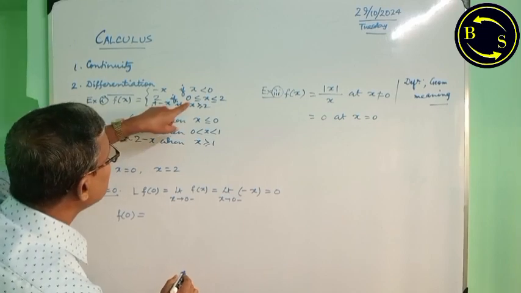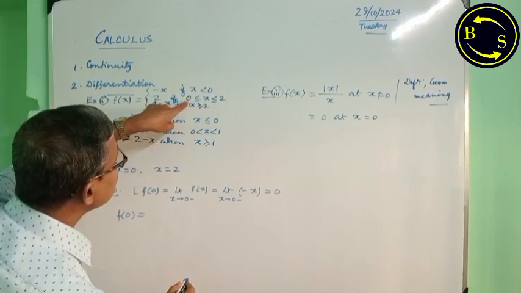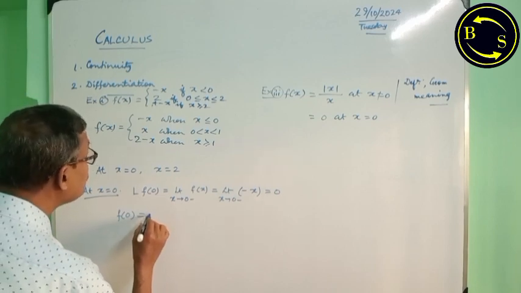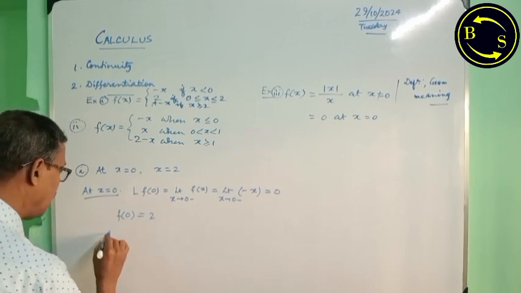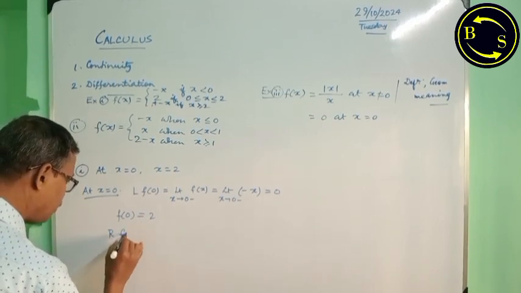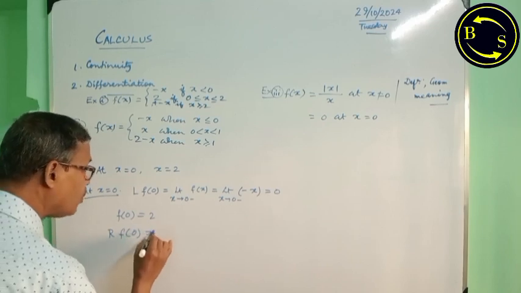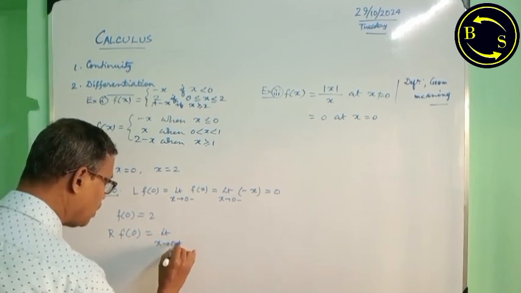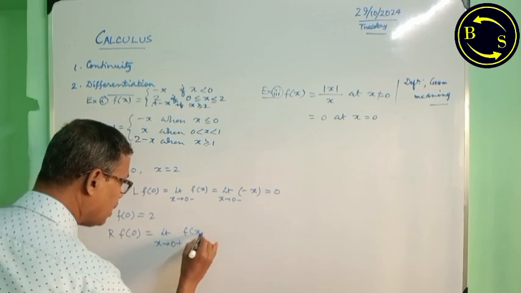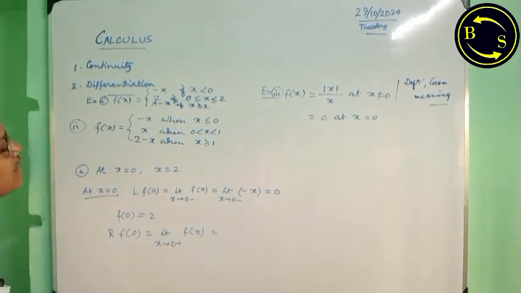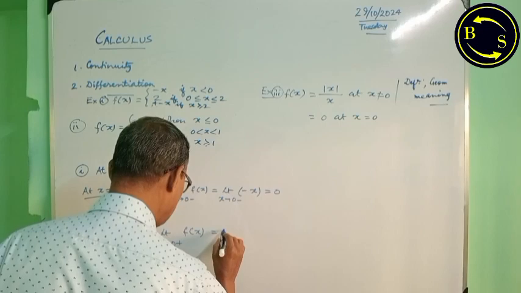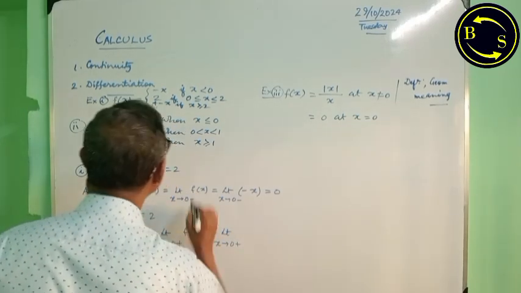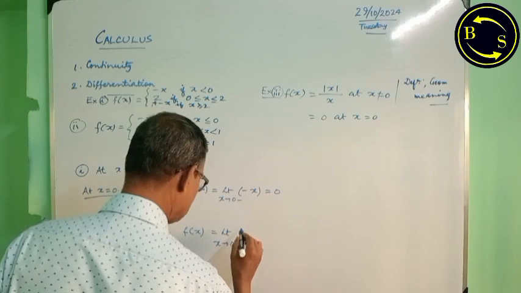You see x lies in between 0 and 2 along with the extreme values. In that case, f(0) is 2 and RF(0) is limit x tends to 0 plus f(x), which in that case will be 2.